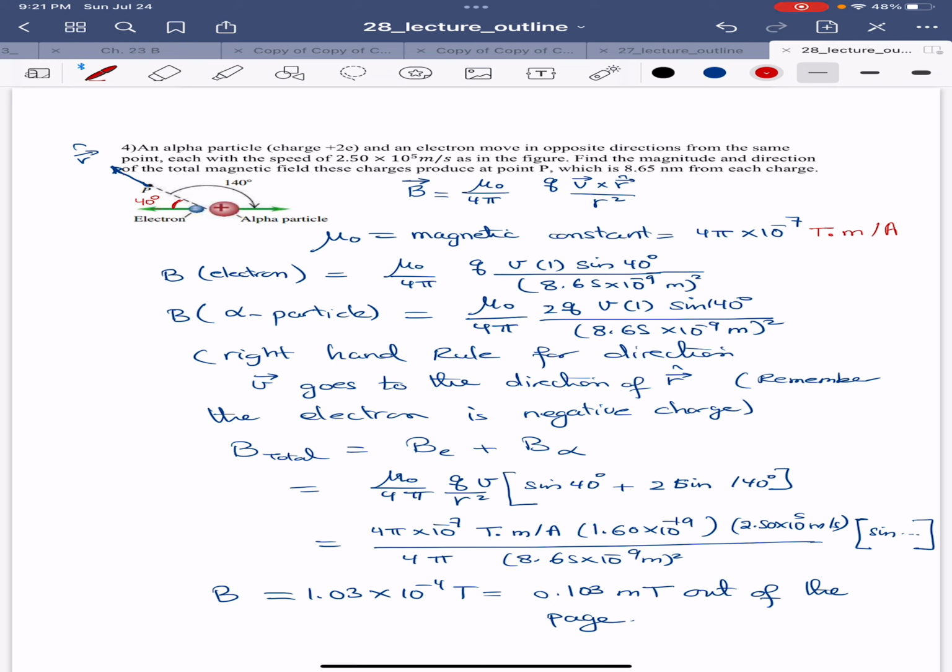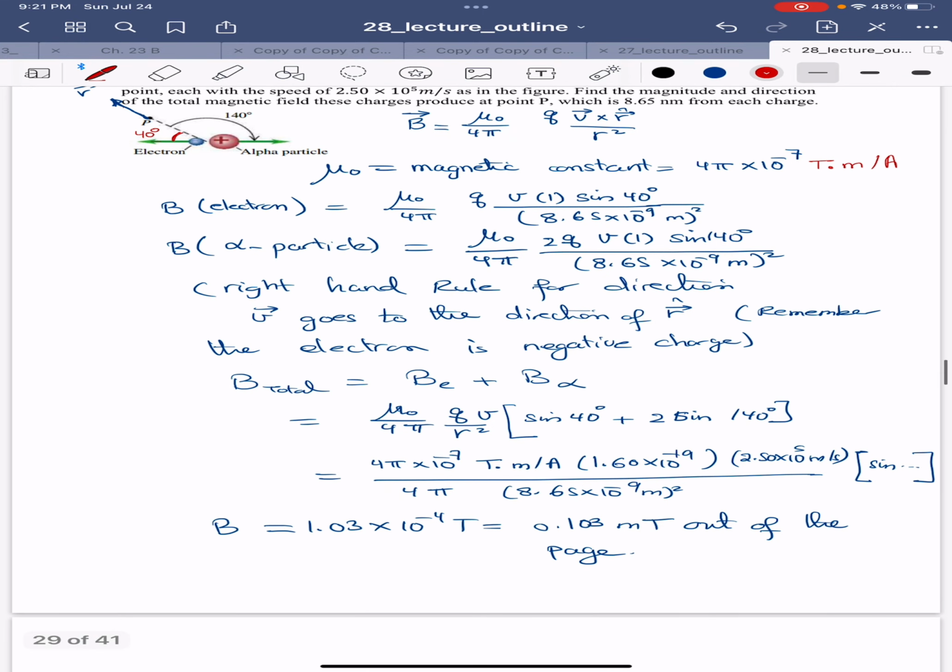For B for the alpha particle, it is again mu 0 divided by 4 pi, times 2 times q, which is the charge of the electron, times v times sine 140, divided by 8.65 times 10 to the negative 9 meters, all squared.